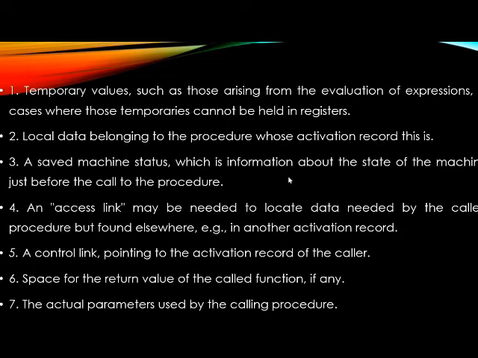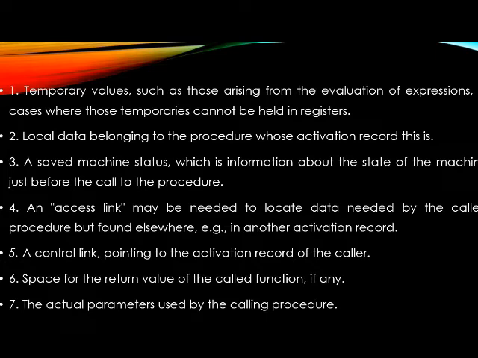Temporary values are the values used at the time of evaluating expressions in the source program. Whenever we evaluate a particular expression, those values can be temporarily stored in some variables. Those variables or values are known as temporary values.